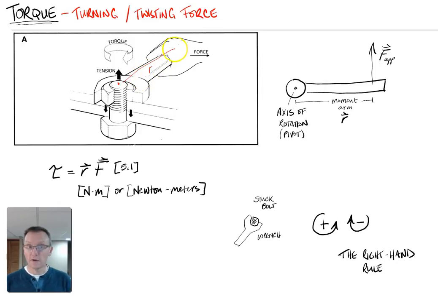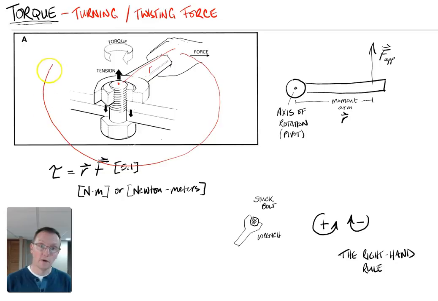Now, if this person wanted to, they could go ahead and rotate the wrench arm around in a circle all the way around and back to where they started again to be able to tighten this up. Typically, people don't do that with the wrenches, but you could, and you can see that it makes a circle. And so that circular path in which you were applying the force is the reason why I used radius right there instead of distance.